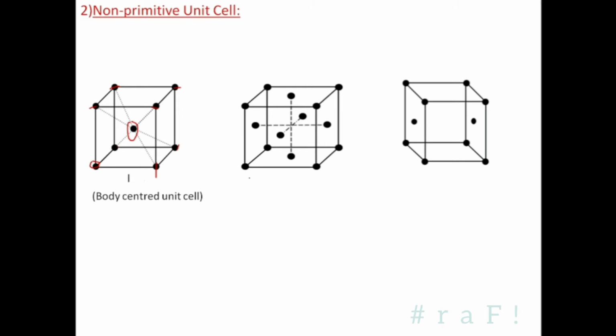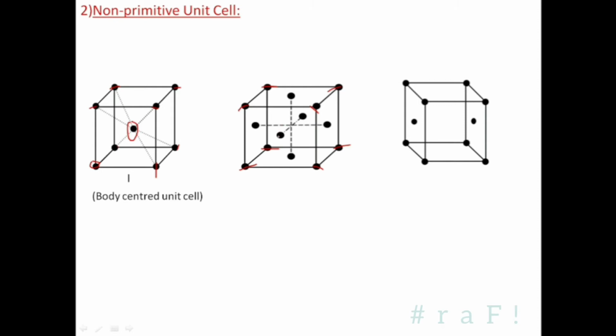In the second figure, see here, this one is also a cubic structure. There are 8 corners, 1, 2, 3, 4, 5, 6, 7 and this one 8. And for a cubic structure, it has 6 faces: front, back, top, bottom, left side and right side.